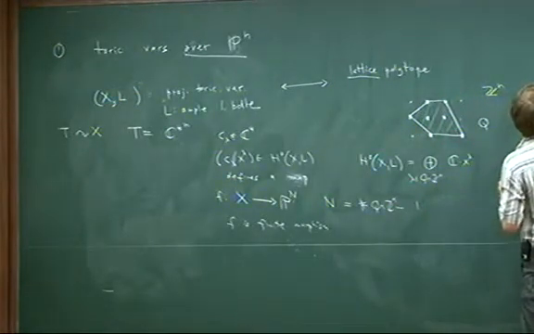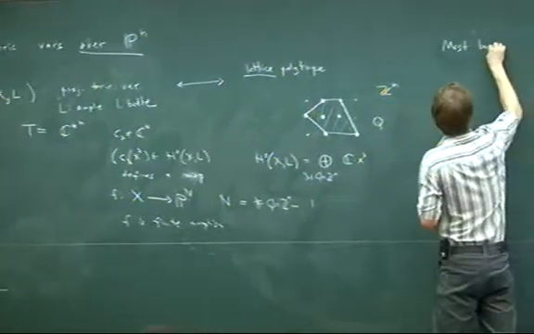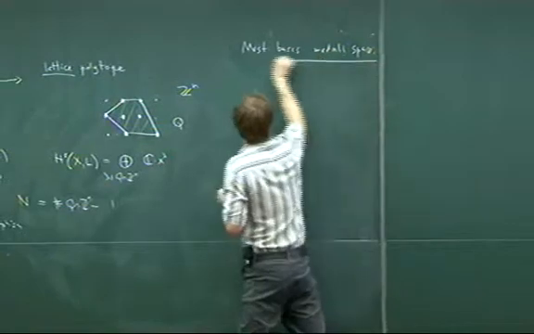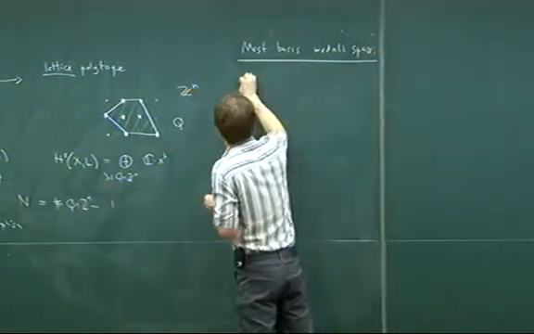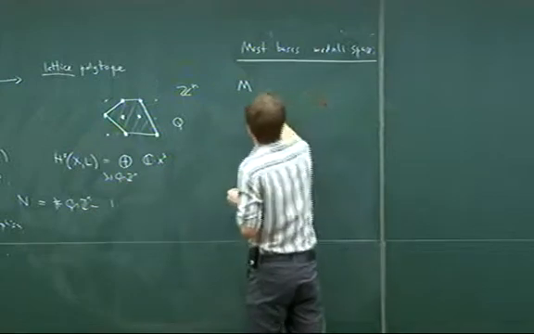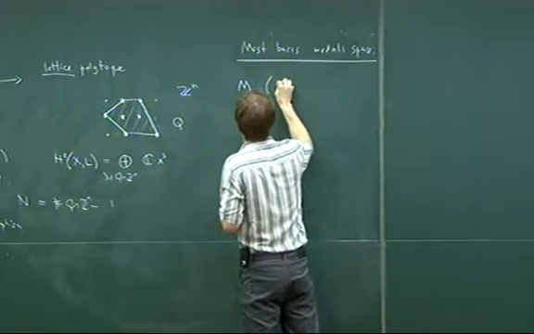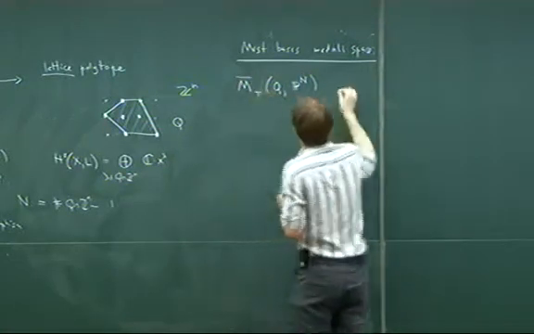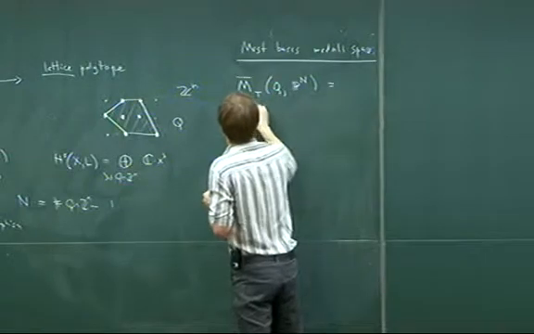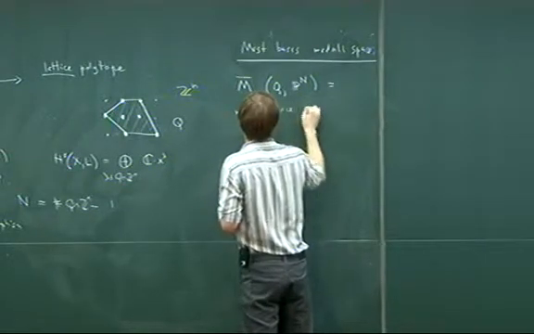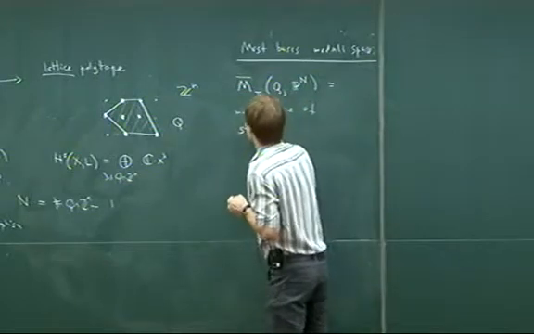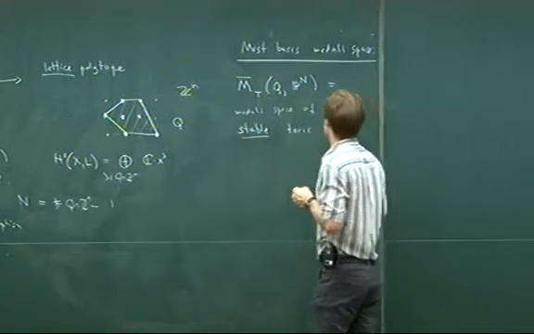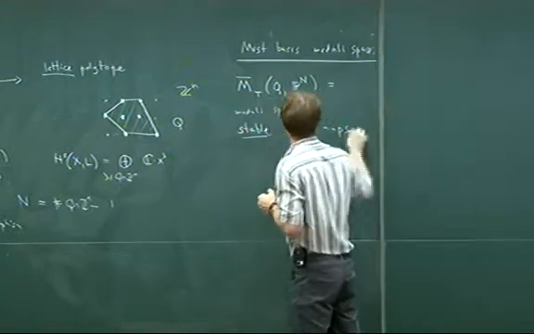So the most basic moduli space is, I will call it M, T of Q, P, N. And so this is the moduli space of stable toric maps to Pn.